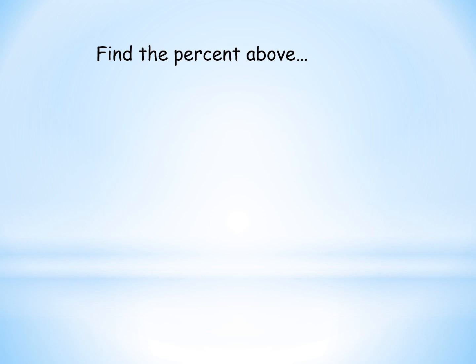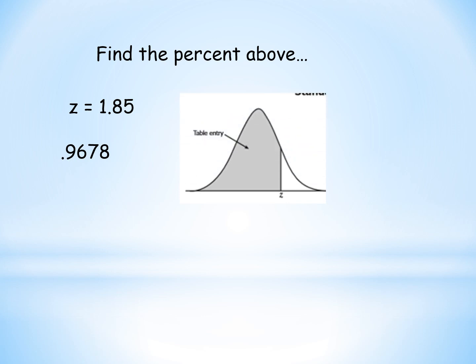If you wanted to find the percentage above, the chart does not specifically give you that. So if it says find the percentage above 1.85, the first thing you do is go to your chart and look up 1.85. You're going to see it corresponds to 0.9678. But remember what that tells you. That's going to tell you this side of the curve.